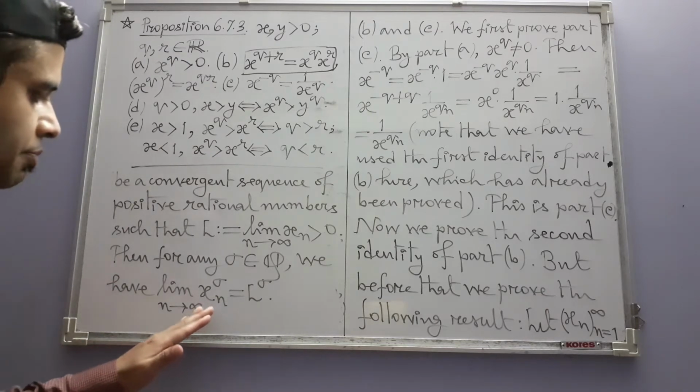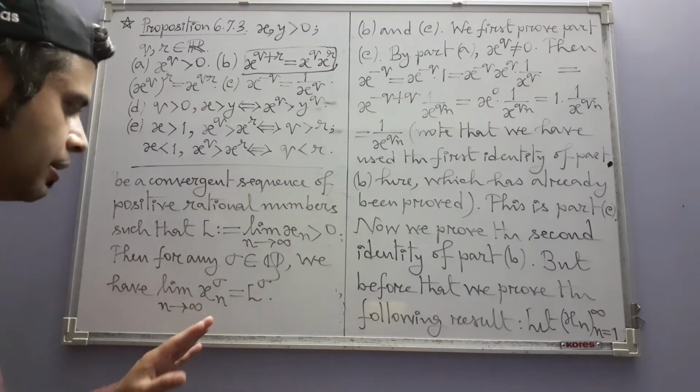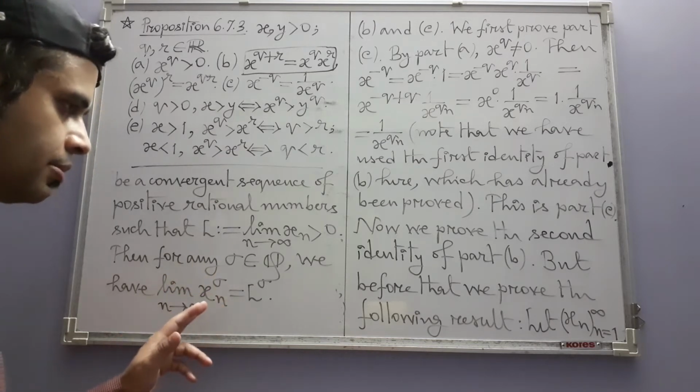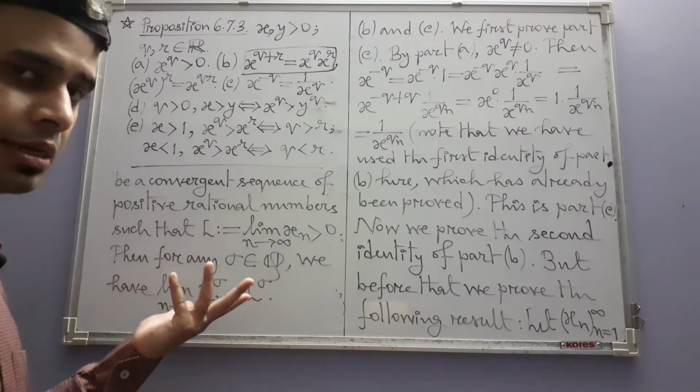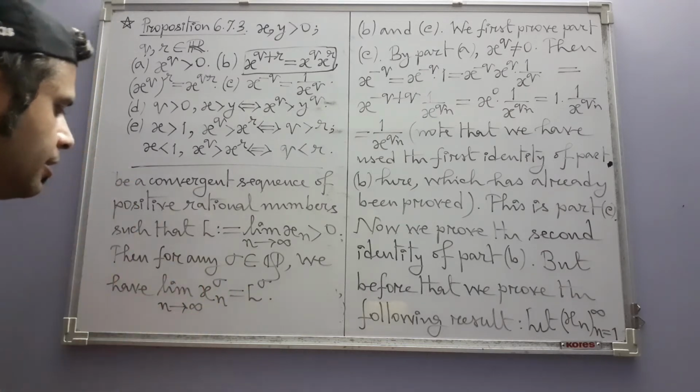It looks somewhat like Lemma 671, but note that we are not just simply saying that this limit exists. That is something we already know.